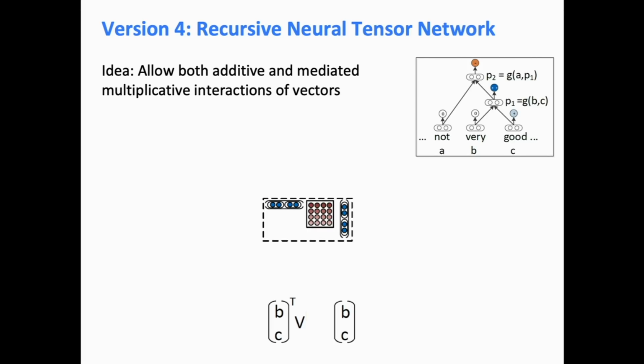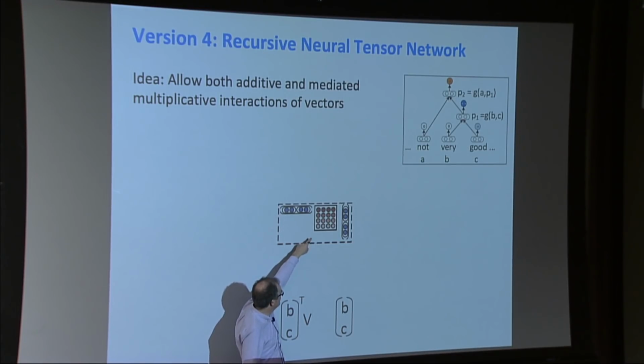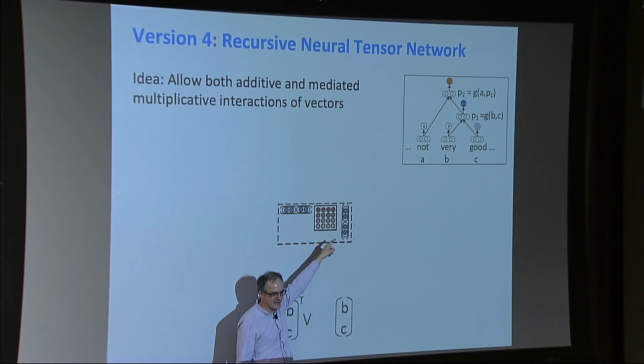And so that led into our fourth model of how to do this, which is this idea of recursive neural tensor networks. What we wanted to do is go back to just having meanings of words be vectors, but nevertheless, to be able to have a meaning for a phrase where the two vectors acted on each other. This is the picture of what we did when we were doing attention in a bilinear way, right?